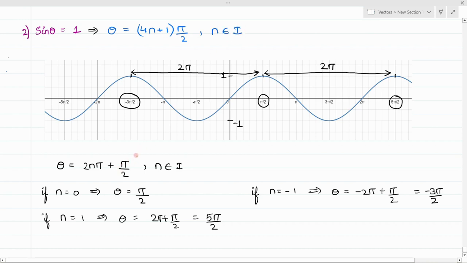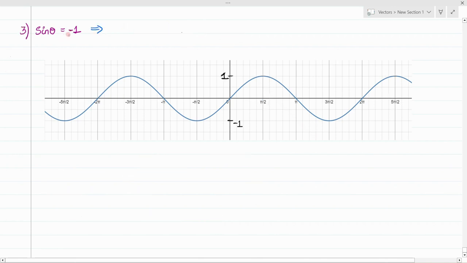If you take the LCM, that is (4n pi plus pi) whole divided by 2, and take pi common, it becomes (4n plus 1) pi by 2. This is what I've written here. So if sine theta equal to 1, the solution of theta is (4n plus 1) pi by 2, where n belongs to all integer values. If sine theta equal to minus 1, then what is the value of theta which strikes your mind immediately?